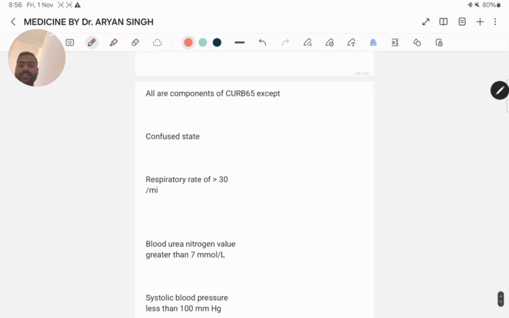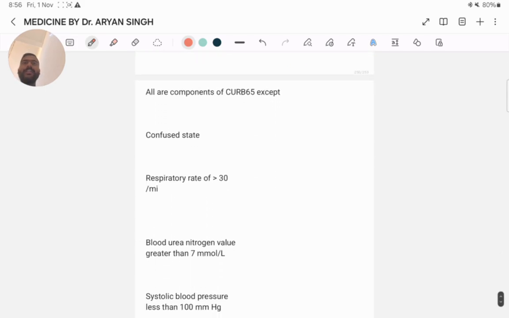Next question. All are components of CURB65 except: confused state, respiratory rate of more than 30, blood urea nitrogen value greater than 7 mmol, systolic blood pressure less than 100 mmHg. This one is the answer, because among the given options, systolic blood pressure less than 100 mmHg is not a component of CURB65.